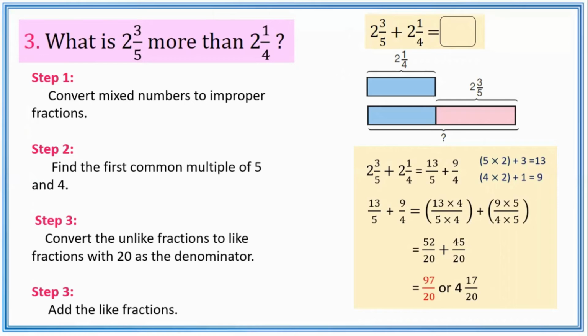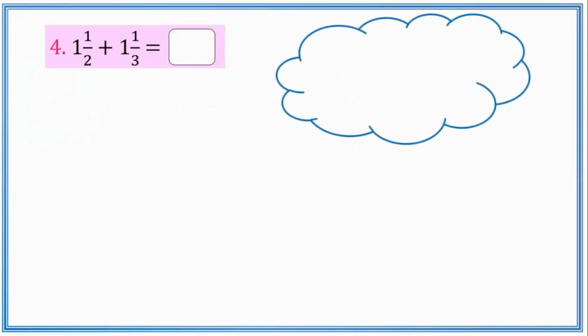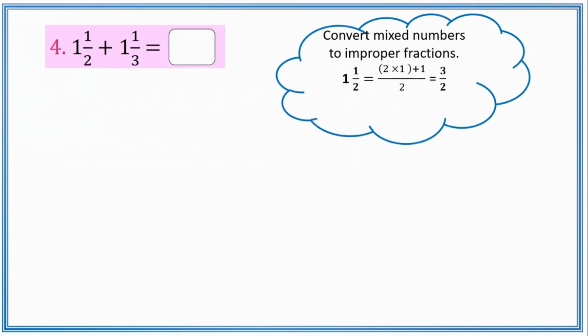Okay, now let's proceed to another example. Example number 4, 1 and 1/2 plus 1 and 1/3. So again, we need to convert mixed numbers to improper fractions. So 1 and 1/2 will be 2 times 1 plus 1 is equal to 3, and then we will just copy the same denominator, and that is 2.